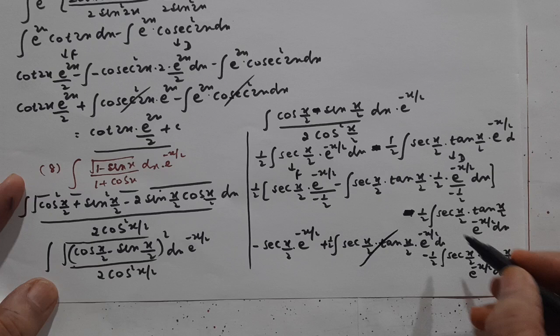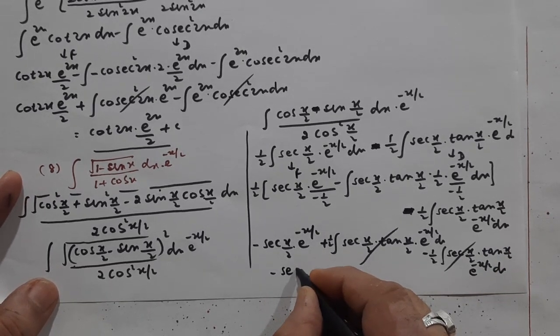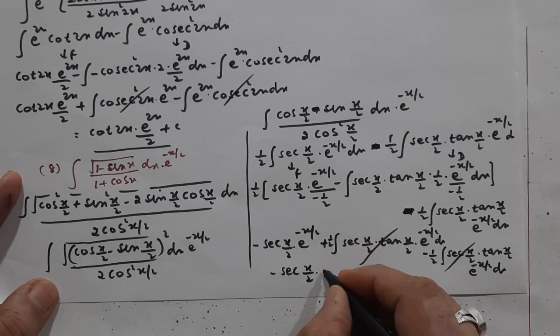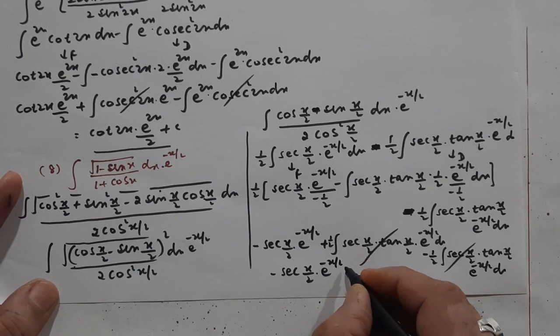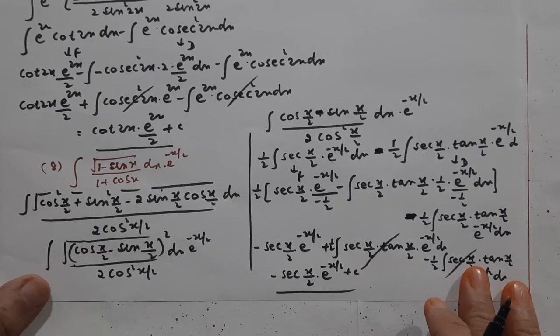So cancelling this factor with this factor, what we get is minus secant of x by 2 e power minus x by 2 plus c. So students, this is the required answer.